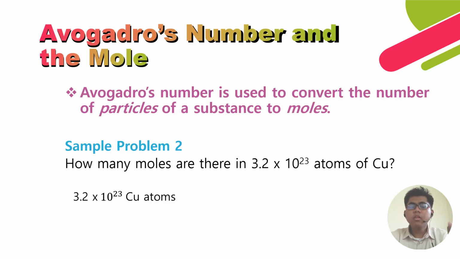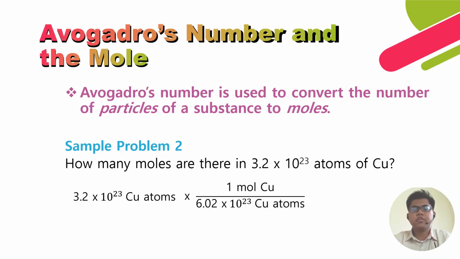So, as I mentioned, this is the reverse of our sample problem number 1. Therefore, we're going to use another conversion factor, and that is 1 mole of copper over 6.02 times 10 to the 23 copper atoms. Because we need to cancel yung unit natin na copper atoms. That's why nilagay na natin siya this time sa denominator.